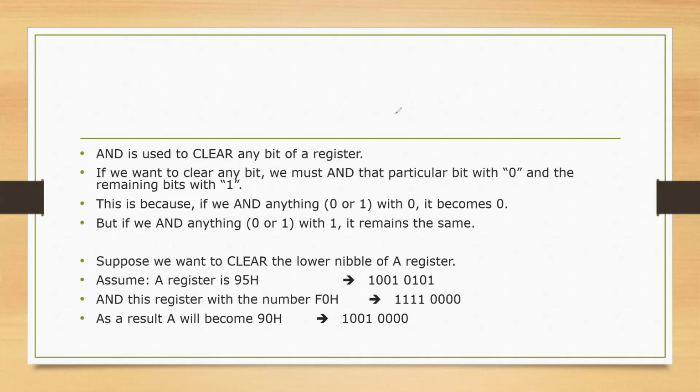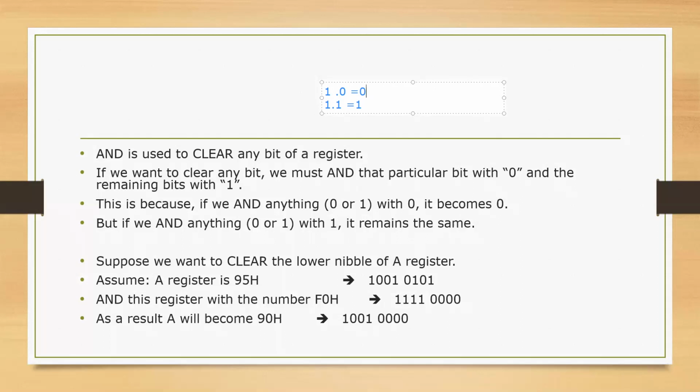So 1 and 0, the answer is 0. But if we AND a particular bit with 1 and 1, you get the answer 1.